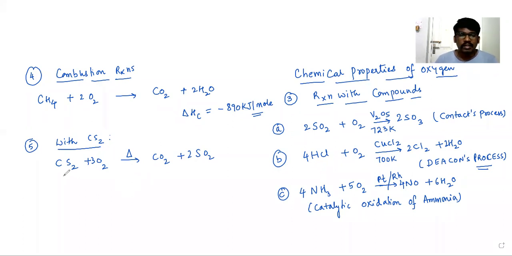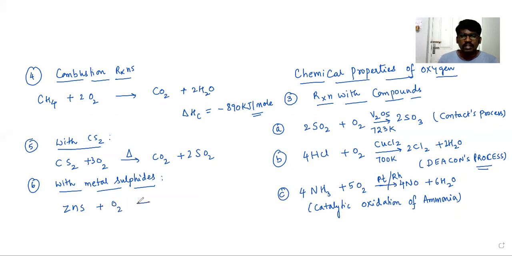Not only with carbon disulfide, but with metal sulfides also oxygen can react. With metal sulfides like zinc sulfide, if it reacts with oxygen, what we are going to get is ZnO, zinc oxide, plus sulfur dioxide.